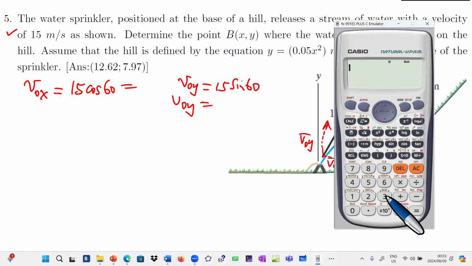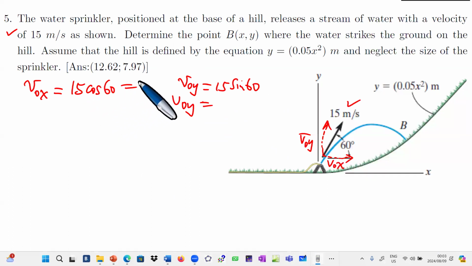Which means that you shall have 15 times cosine 60, and this is exactly 7.5.